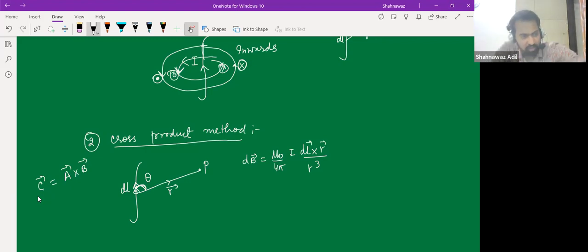Let's see if you remember the vector part. Let's say I have these three vectors: this is i, this is j, and this one is k.